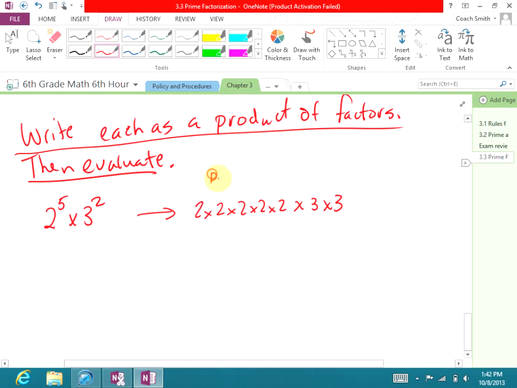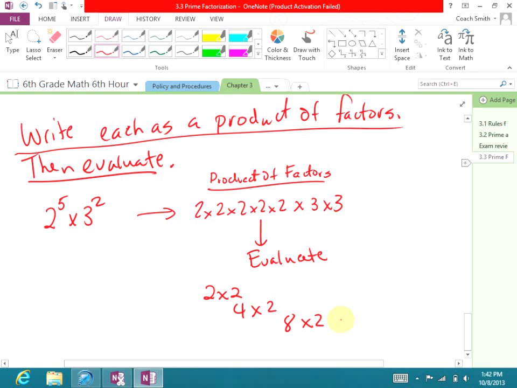This is a product of factors. Now I need to evaluate. Evaluate means I'm actually going to multiply this together. 2 times 2 is 4, times 2 is 8, times 2 is 16.